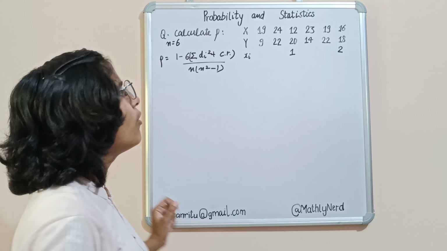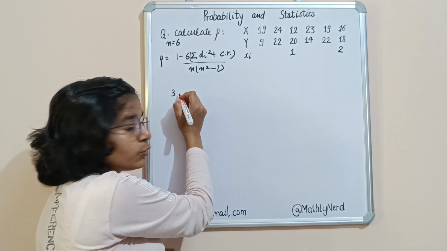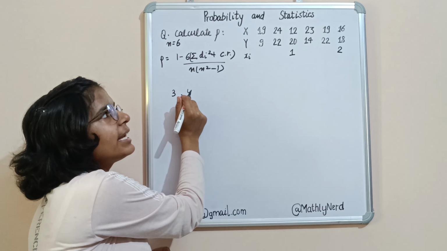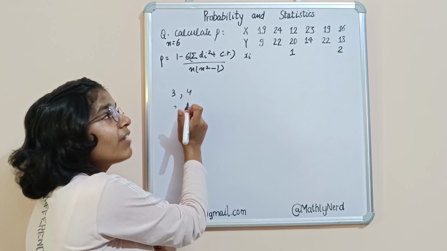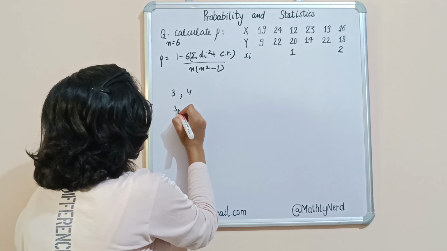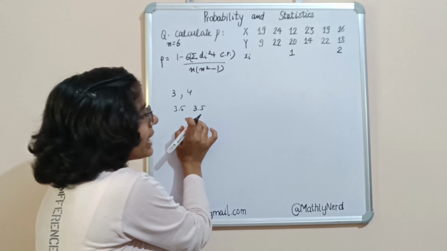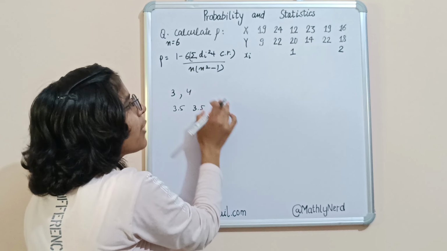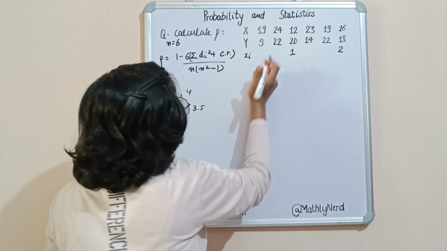If we assign 3 to one and 4 to the second to maintain our mean value, we still have to assign the same value to both of them. So we can assign 3.5 to both of them, so they have the same value and the same x bar is maintained throughout the question.